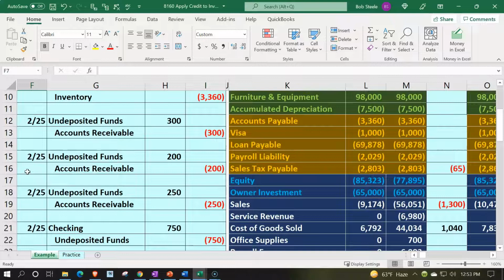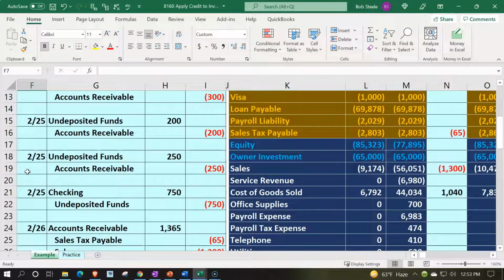So normally the transaction, if you've learned accounting transactions for unearned revenue, would be a debit to cash. We put it into undeposited funds, and usually a credit to unearned revenue. However, from a logistical standpoint in accounting software, if we put it into a liability account of unearned revenue because we have not yet earned it, it can cause some problems because we don't have the subledger related to unearned revenue.